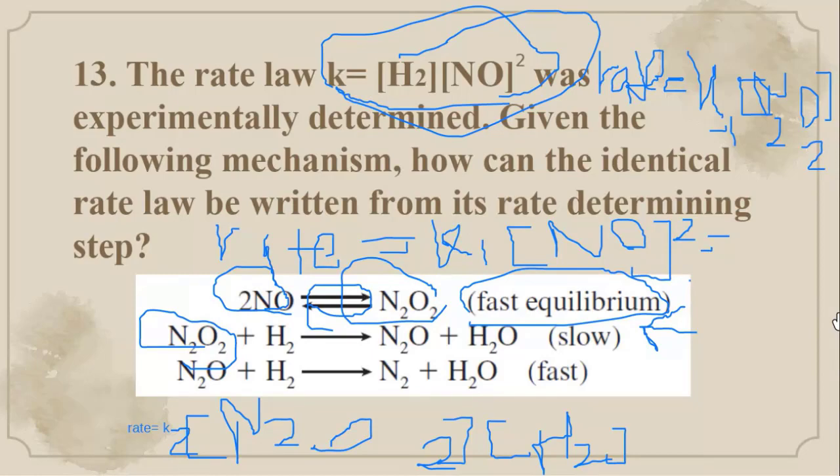And so to get N2, O2 isolated, we're going to want to divide by the reverse k, k negative 1. And then we just have N2, O2 now. And when we have just N2, O2, we can now plug it in, kind of like substitution in algebra. So all this is going to go into here.